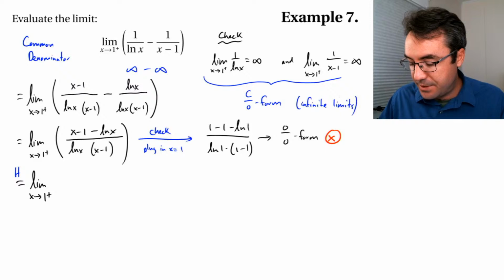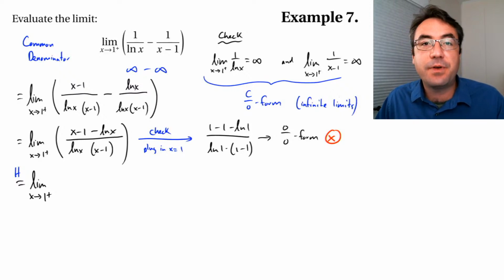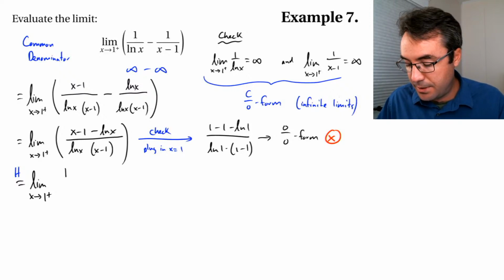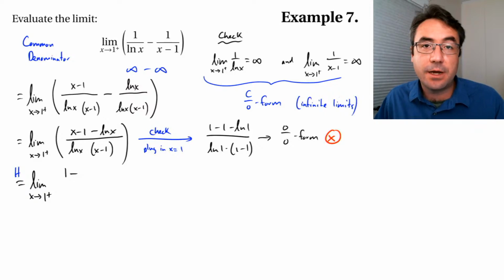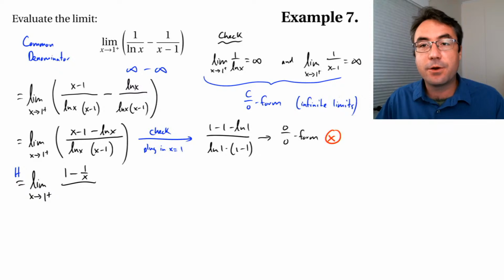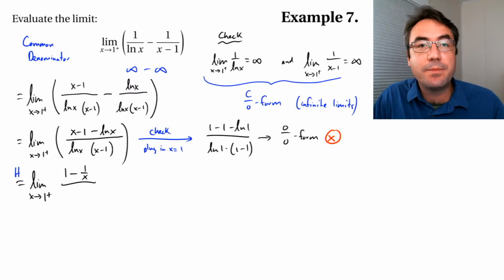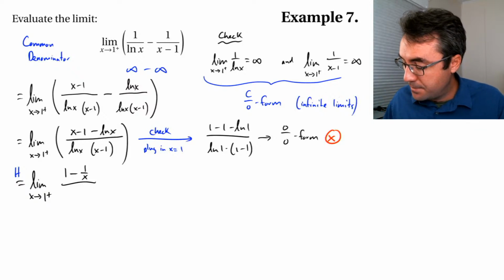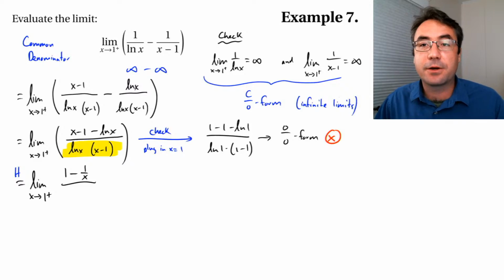So we differentiate the top function. So derivative of x minus 1 is just 1. Derivative of natural log x is 1 over x. So our numerator, once we differentiate, becomes 1 minus 1 over x. And then for the denominator, there's a little bit of work there. We need to use the product rule.